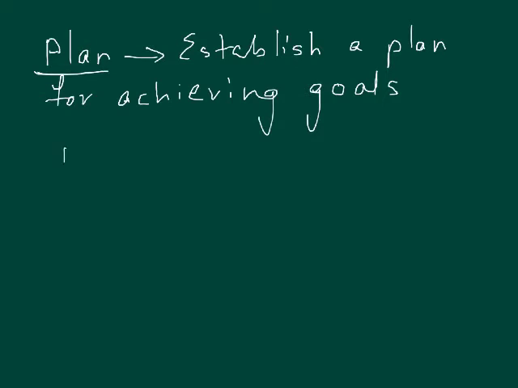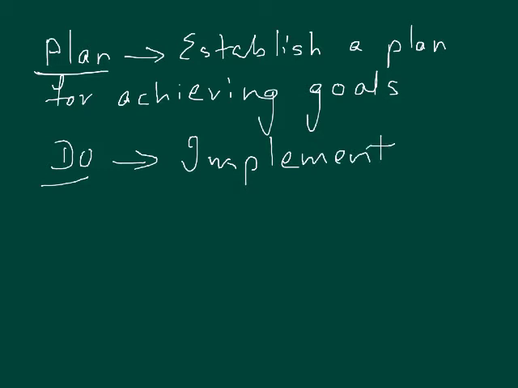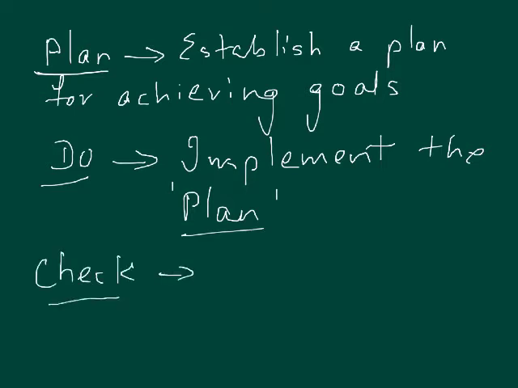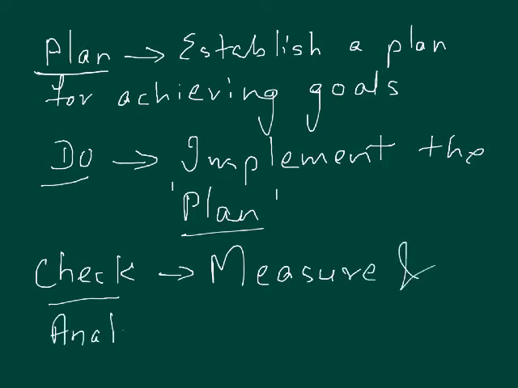Number 2 is do, and in this stage what you're doing is implementing the plan. Number 3 is check. At this stage, you measure and analyze your results.